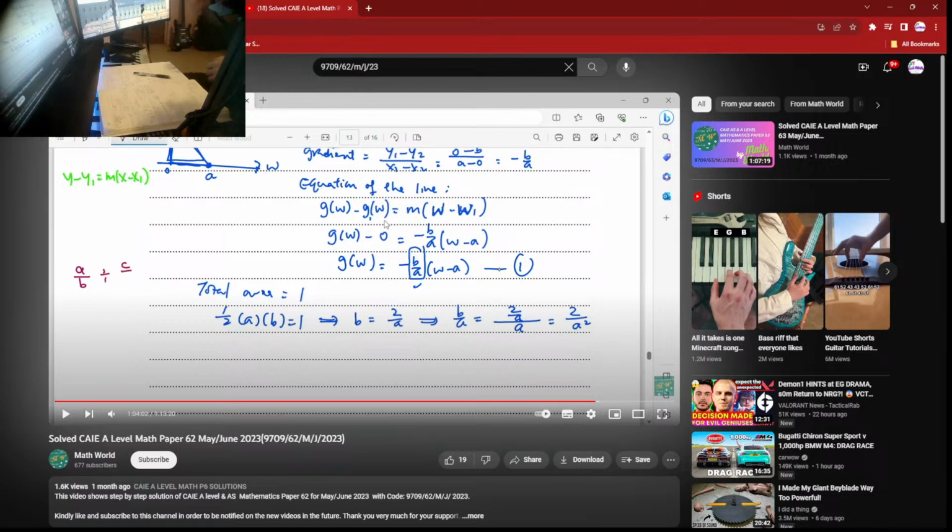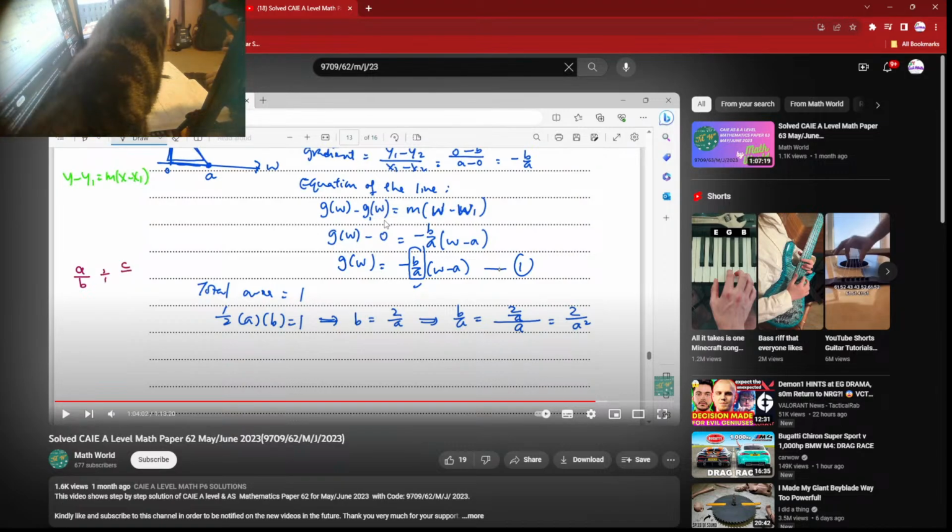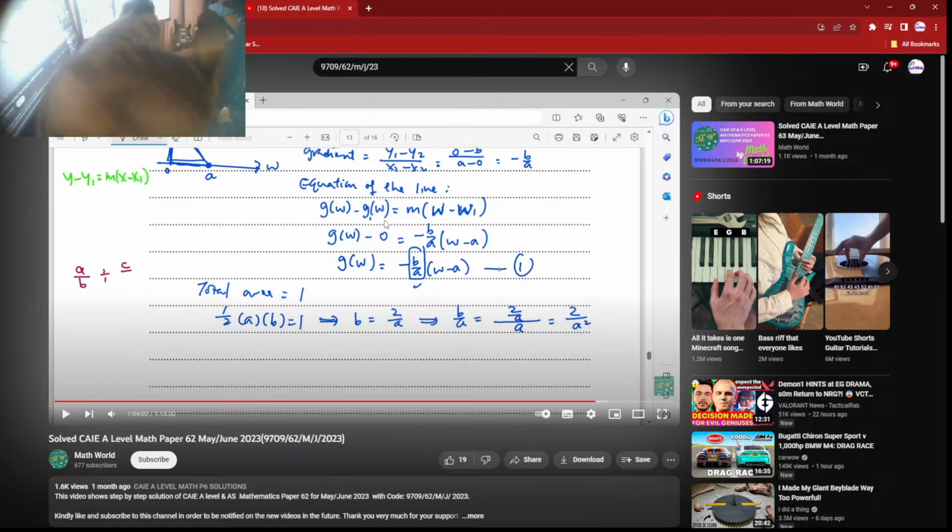Equation of the line is equals to mw minus w1, velocities, sorry, mw minus w1.